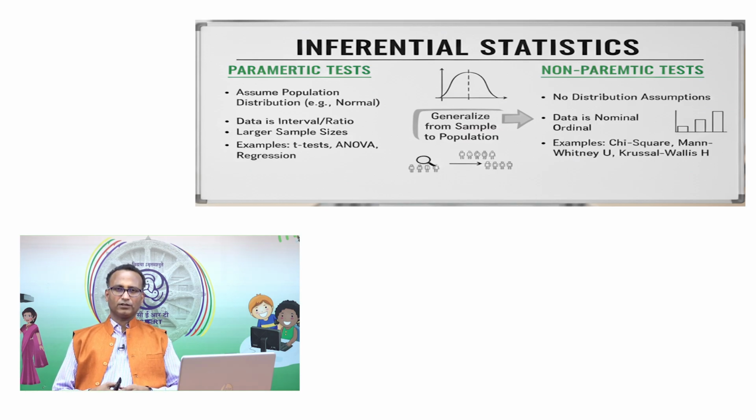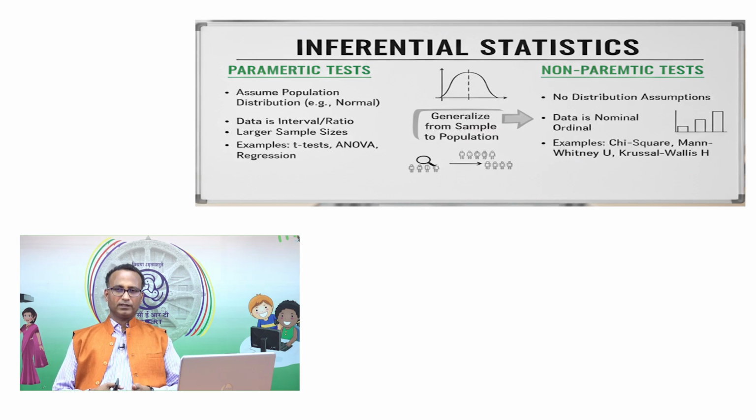Let us now discuss parametric statistics. Let me start with examples. Very widely used parametric statistics are the t-test. In the case of the t-test, you compare two means. You can find out the significant difference between two means.